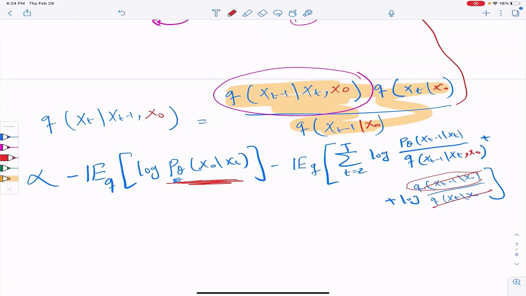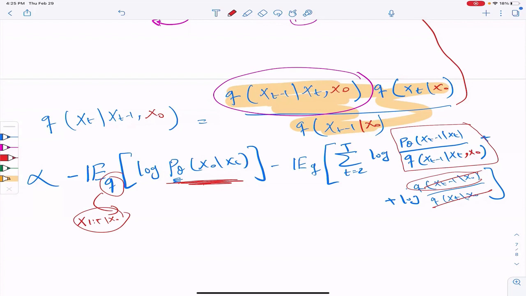So I'm left with this term, p theta xt minus 1 given xt divided by q xt minus 1 given xt and x0. And this q, in the notation, is a distribution from 1 to t given x0. So that's the notation that we have.